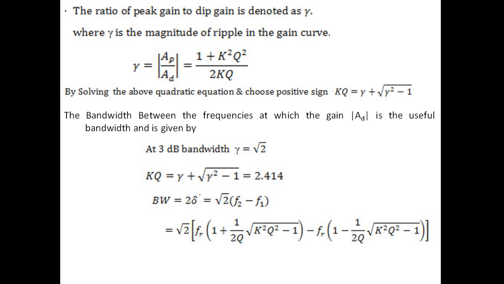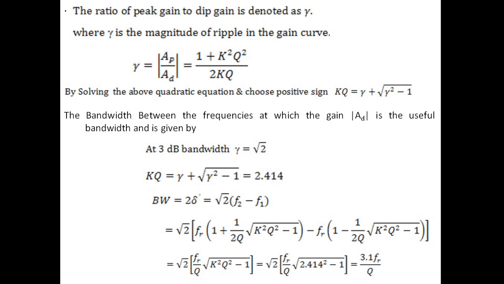You substitute both f2 as well as f1, using the formula mentioned in the earlier slide, and simplify further by applying kq equal to 2.414. You will get 3.1 fr divided by q. Therefore, the bandwidth is equal to 3.1 fr divided by q.